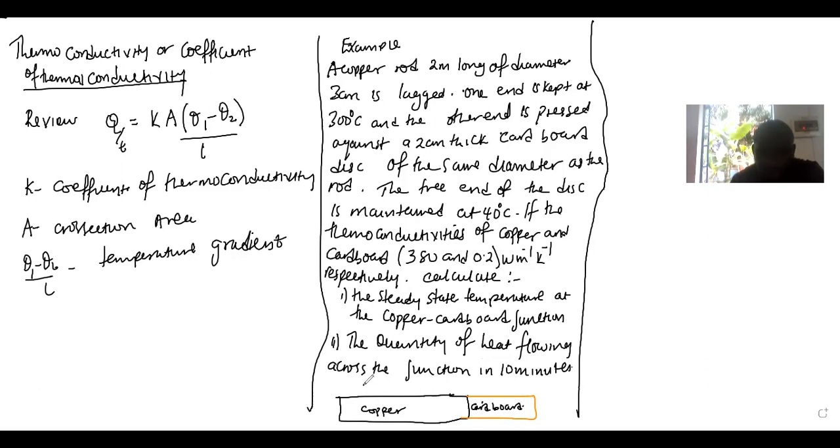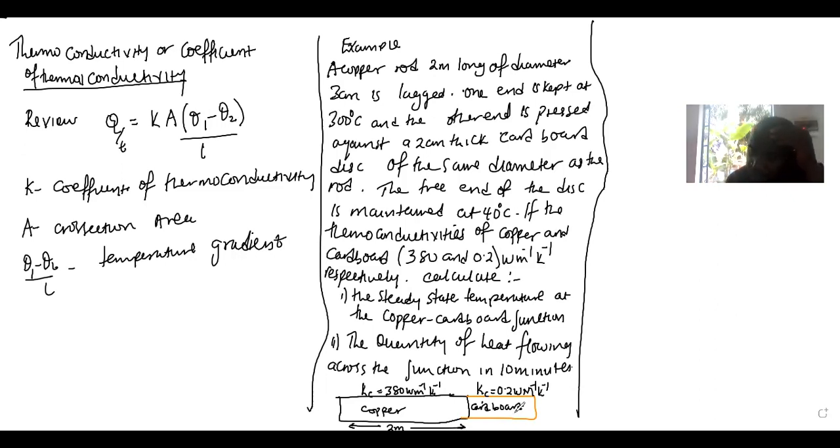Whereby the thermal conductivity of copper, K_C, is 380 watts per meter per Kelvin. The thermal conductivity of the cardboard is 0.2 watts per meter per Kelvin. This is 2 meters long, whereas this one is 2 centimeters.